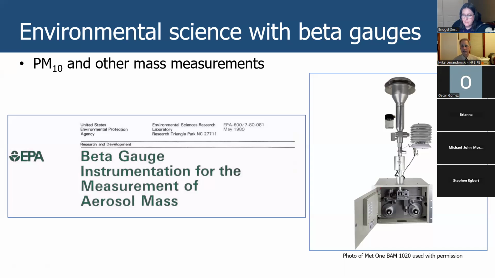And it turns out that this beta aerosol mass monitor was a great application.